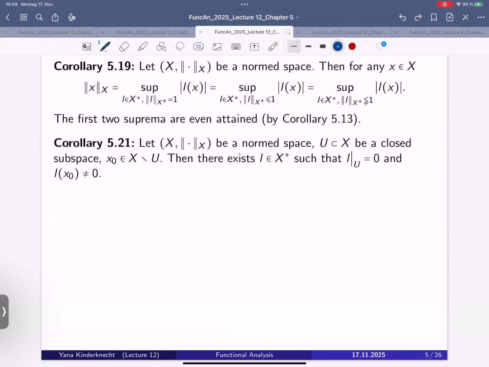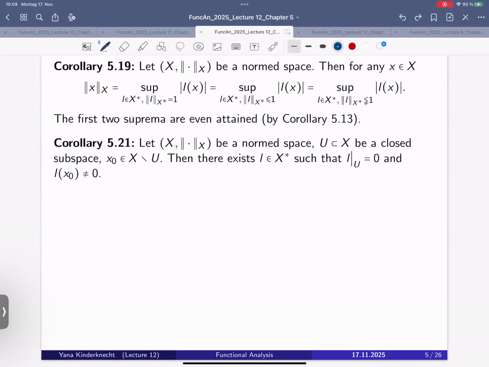So let us prove it. In a sense, there exists a continuous linear functional which separates a closed subspace and a point which is not in this closed subspace.